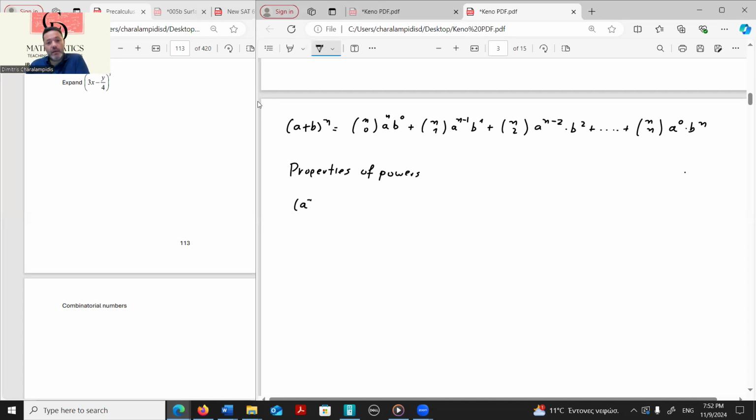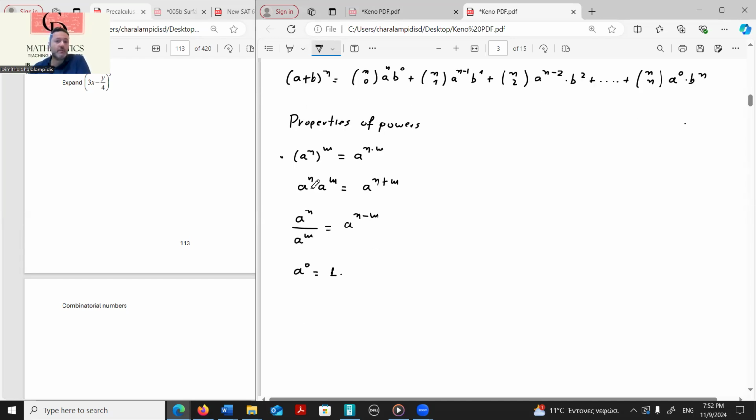One property: a to the power of n, all that to the power of m, is a to the power of n times m. A to the power of n multiplied by a to the power of m is a to the power of n plus m. A to the power of n over a to the power of m is a to the power of n minus m. And of course, a to the power of 0 is equal to 1, since this is an axiom. This is about the exponents.